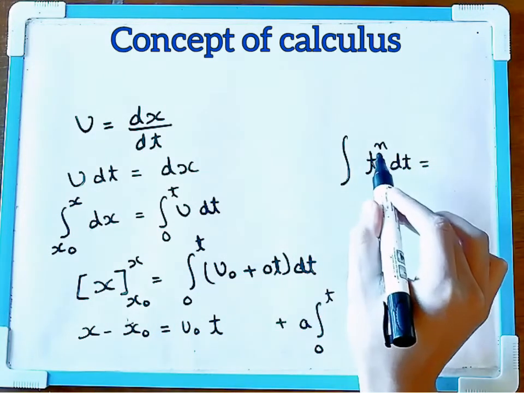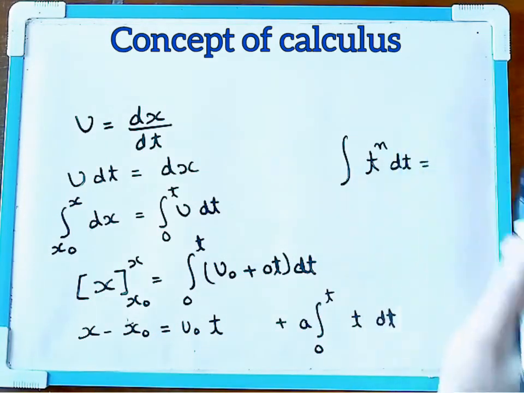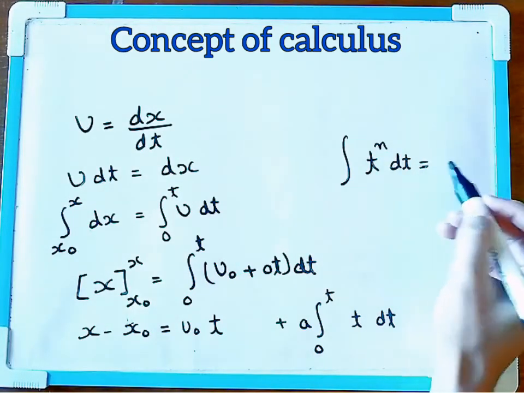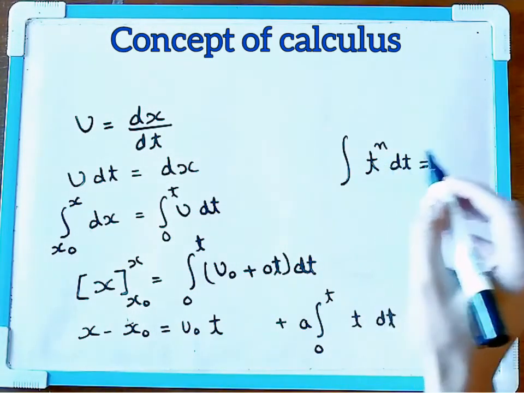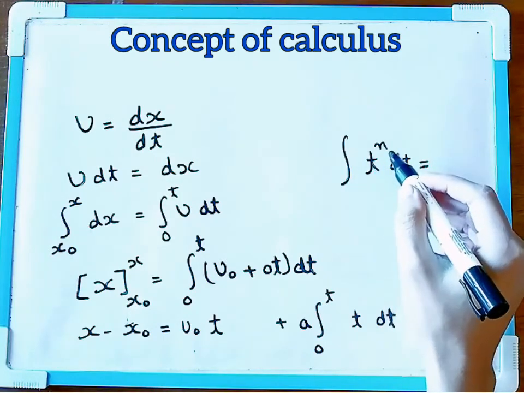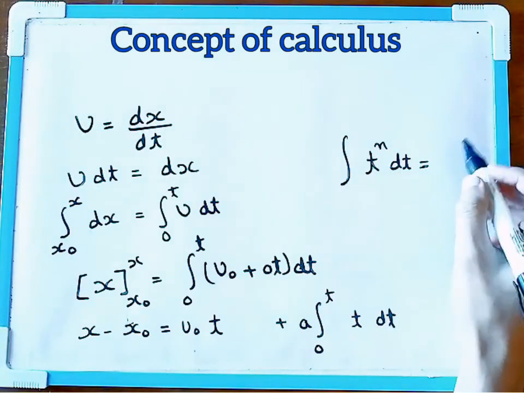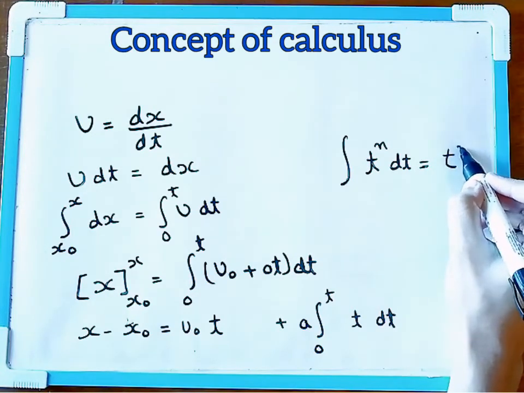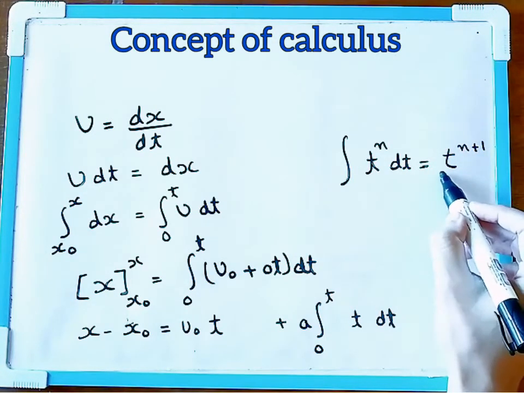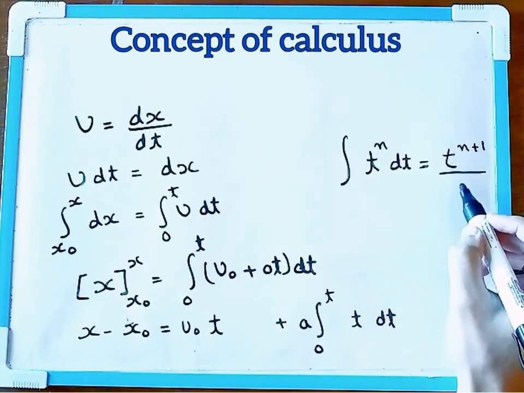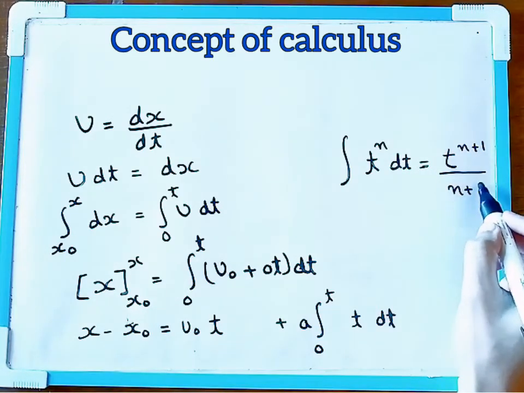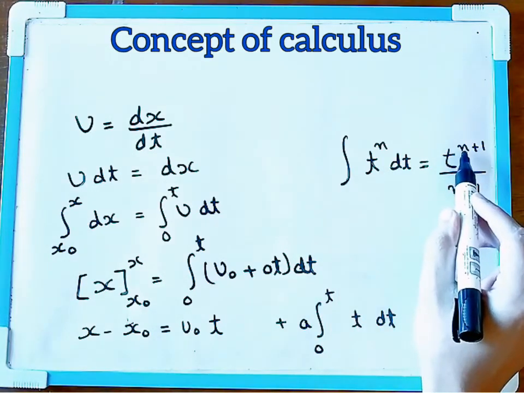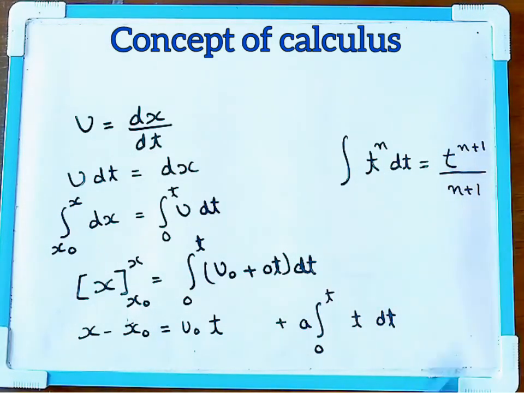Now this n is an integer or a number. It can be 1, 2, 3, 4. So integration of t^n dt will give you t to the power n plus 1 divided by n plus 1.